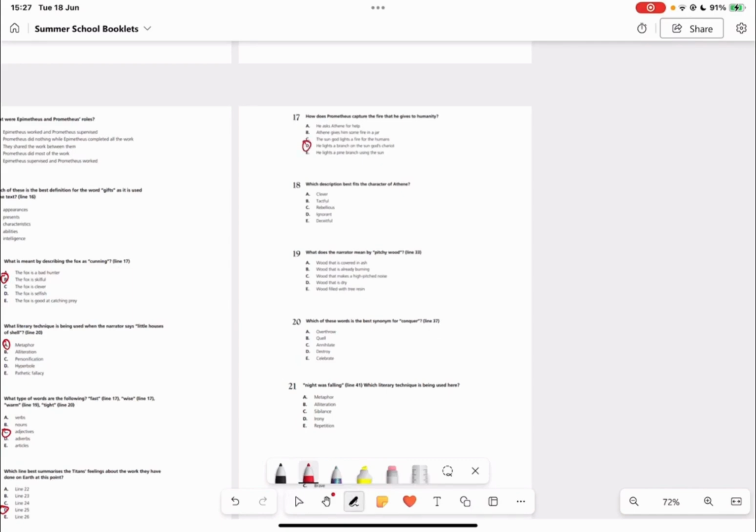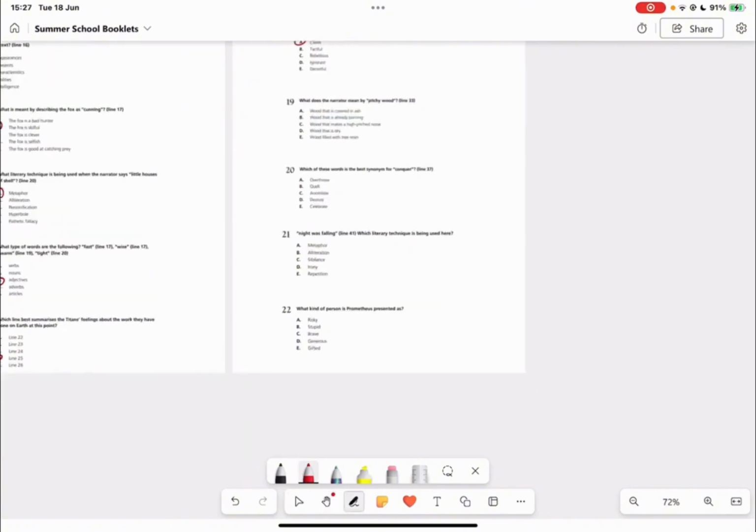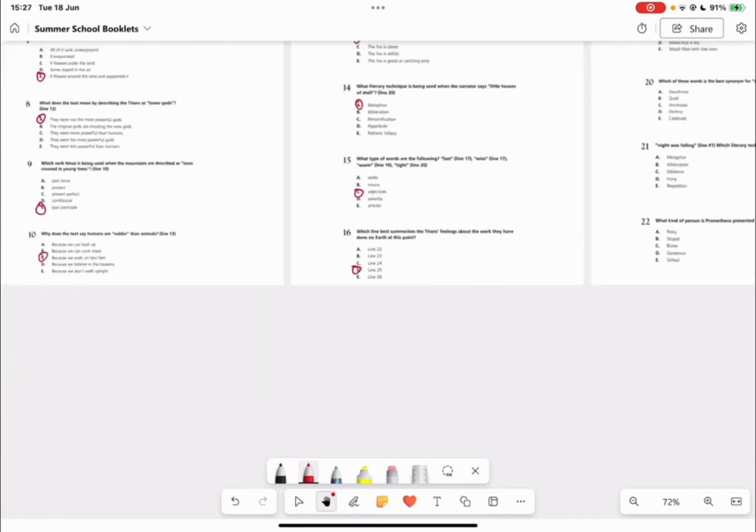Which description best fits the character of Athene? Okay, so Athene in this case has been very clever. She's presented positively and each of the other options are quite negative. What does the narrator mean by pitchy wood in line 33?